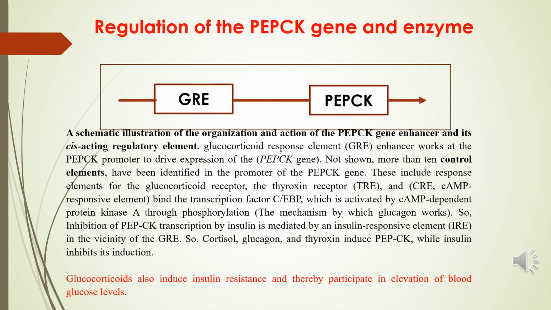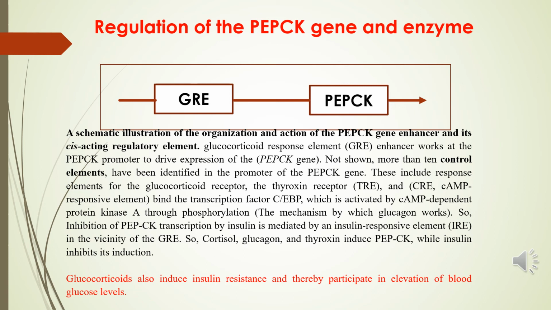And this is the mechanism by which glucagon works during the periods of fasting and prolonged starvation to induce the process of gluconeogenesis. As you know, glucagon, epinephrine, cortisol, thyroid hormone, and growth hormones are all important inducers and activators of the process of gluconeogenesis during periods of stress and growth.